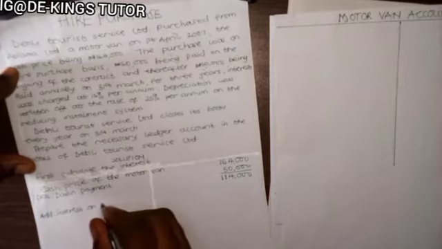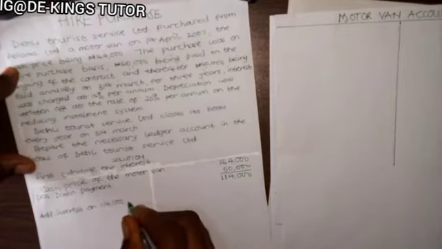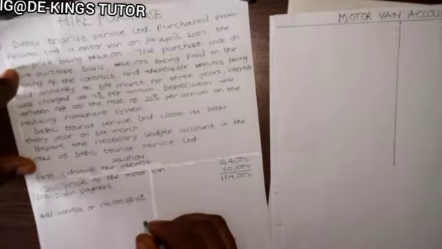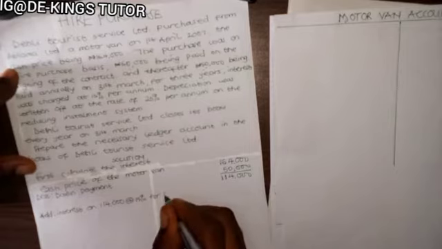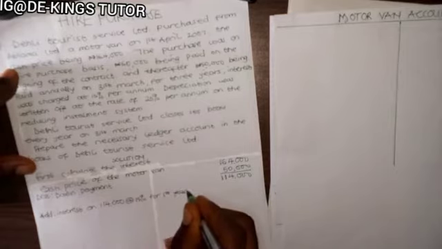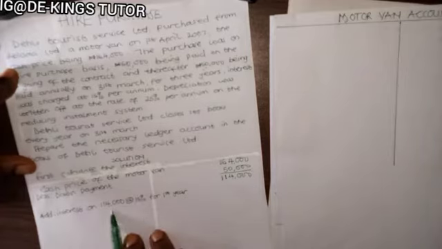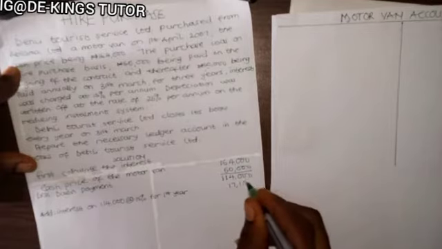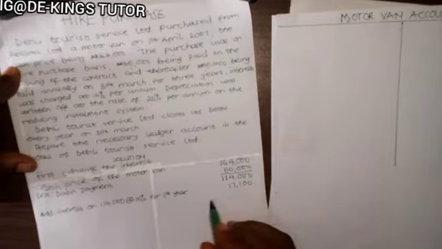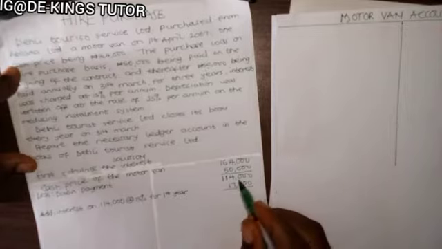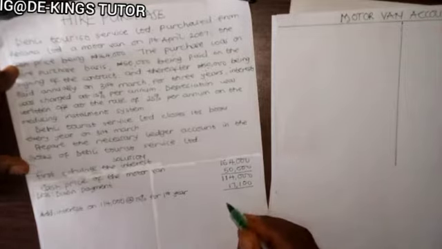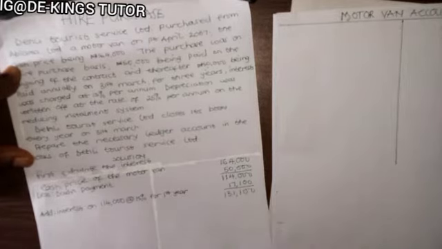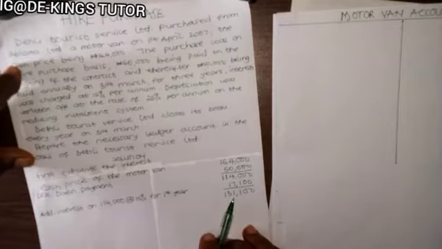Interest on 114,000 at 15% for the first year, using the calculator, we have 17,100. So if we add this plus this now, we'll have 131,100. So this is the new amount.